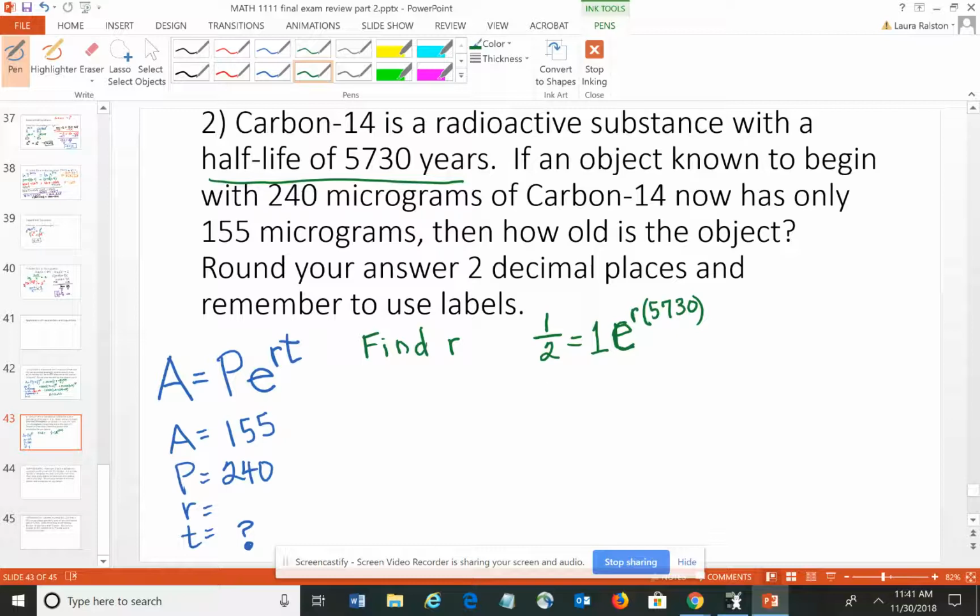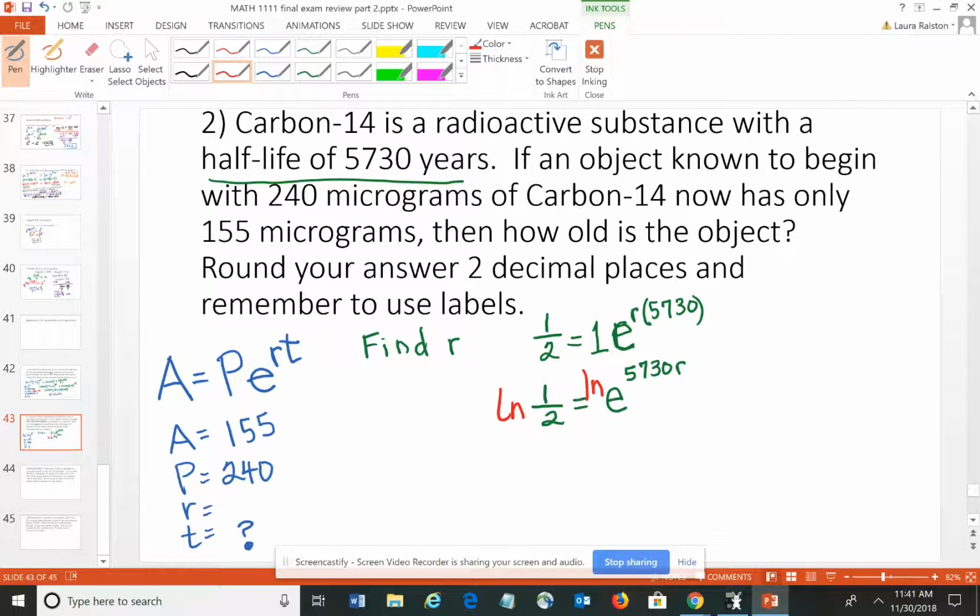So I have 1/2 equals e to the 5,730 r. Then I need to take the natural log of both sides. So I have the natural log of 1/2, which you can do on your calculator.